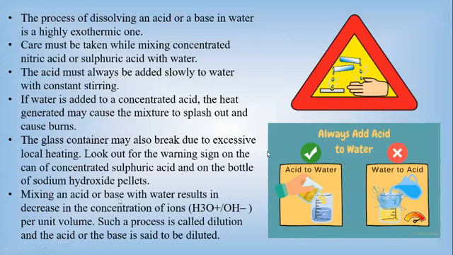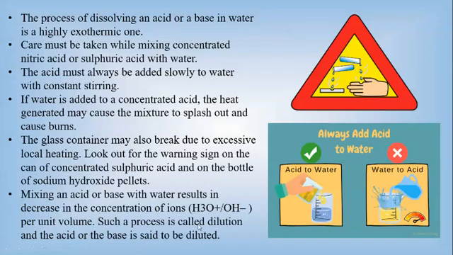Mixing an acid or base with water results in a decrease in the concentration of ions. So when you mix the acid or base with water, the concentration of ions, that is H plus ions or OH minus ions, will decrease. Such a process is called dilution, and the acid or base is said to be diluted.